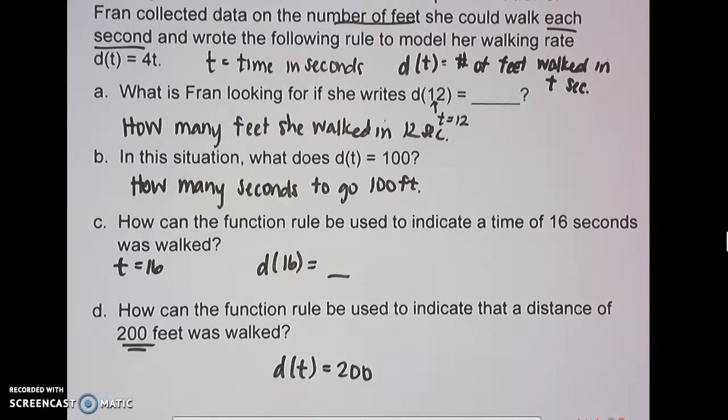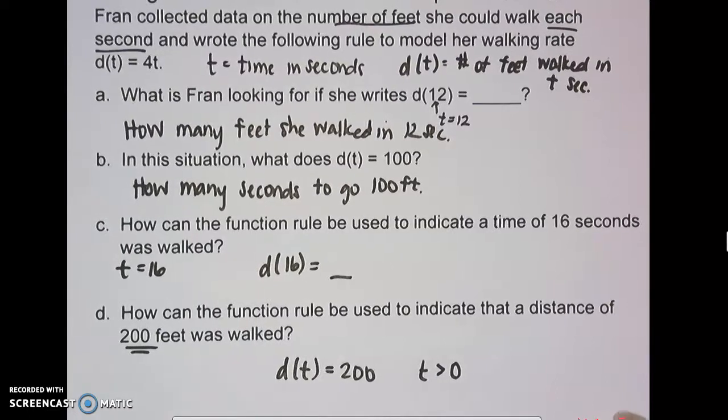Obviously, we don't need to solve it right now. But with this, we do know that time has to be greater than what? Well, time has to be greater than 0 seconds, right? We can't have a negative amount of time happening with this. So in this situation, we could write the equation d of t equals 200, but t has to be positive.